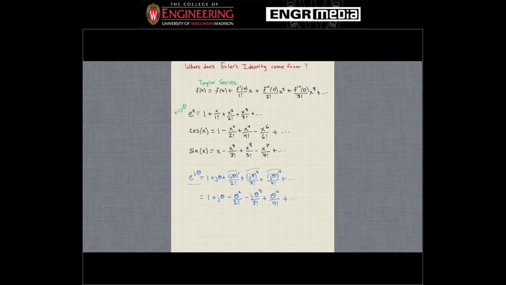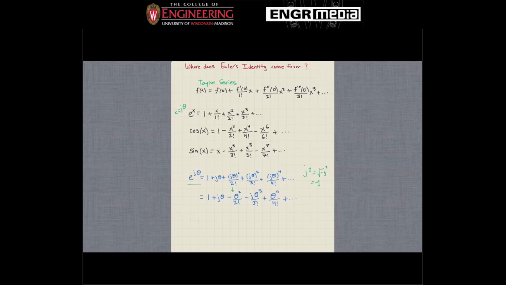Well, remember that j squared equals the square root of minus 1 squared, so that should equal minus 1. So you can see we just got a minus sign in this term. And so on. j cubed should be minus j, j to the 4th should be plus 1, and so on.